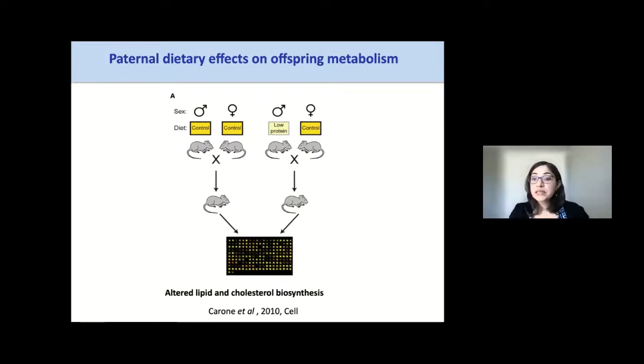Our lab studies effects of different diets, such as a low protein diet. How we do these experiments is we put these mice, from the time they are weaned off from their mothers, onto different diets, either a control diet or a low protein diet.